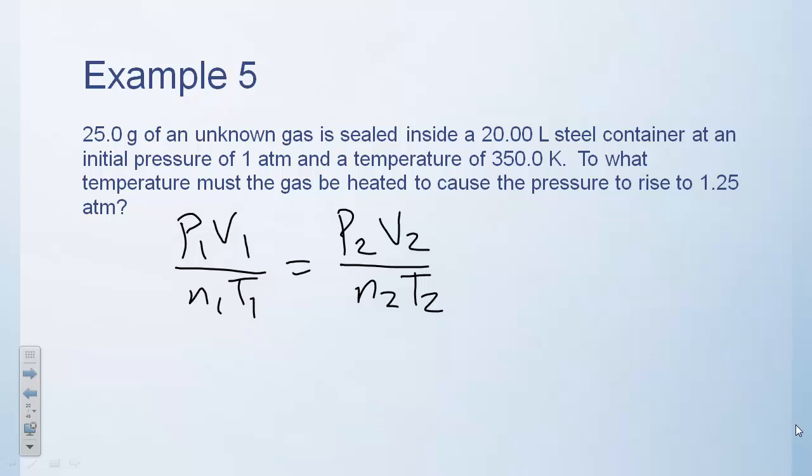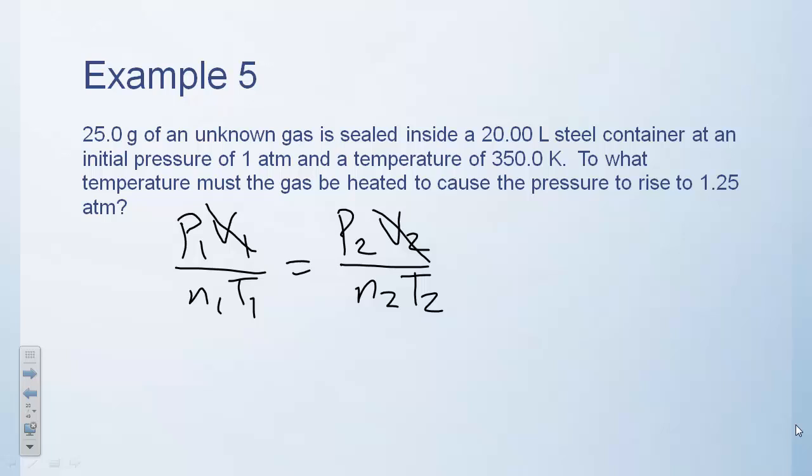And the cool thing is that in this case we are given a 20-liter steel container, presumably the volume stays rigid or fixed, so V1 is equal to V2, and these cancel off.